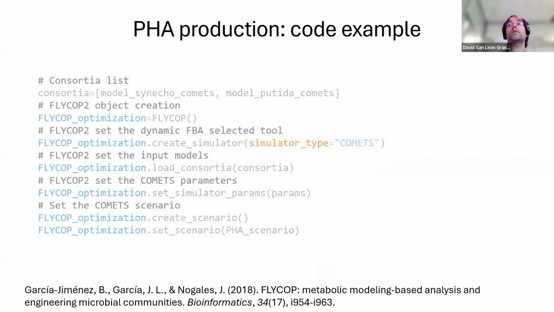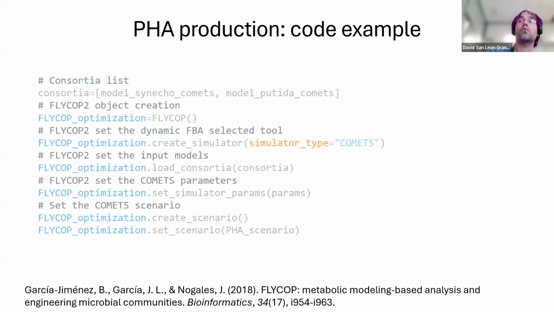The way to code this new version is quite simple in the end. With this short code you can run it. You just create the object for FlyCop. You can create the simulator that you want; in that case, we use COMETS. You load the consortium and include the simulation parameters that you want.